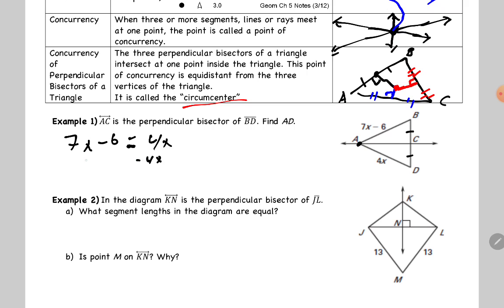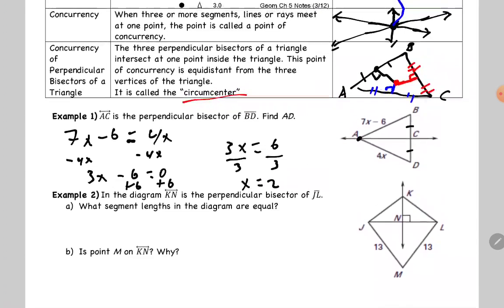So I'm going to subtract 4x over, and I'll get 3x minus 6 equals 0. I'm going to add 6 to both sides and get 3x equals 6. So finally we divide by 3 and get x equals 2. Okay, find AD. AD is 4 times 2, which is 8.